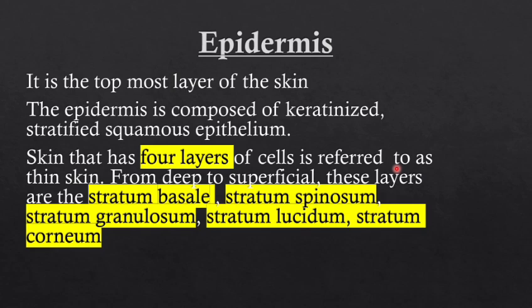See, from deep to superficial, meaning from the bottom to the upper, I am discussing the layers. First one means the deep one, the bottom one, not the uppermost one. Stratum basale, stratum spinosum, stratum granulosum, stratum lucidum, stratum corneum.